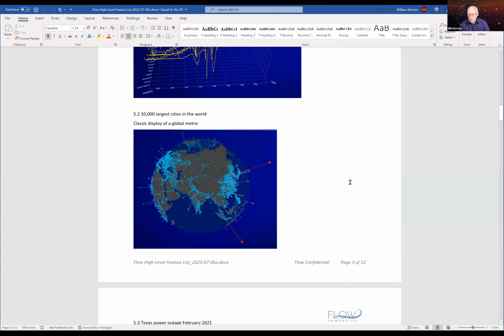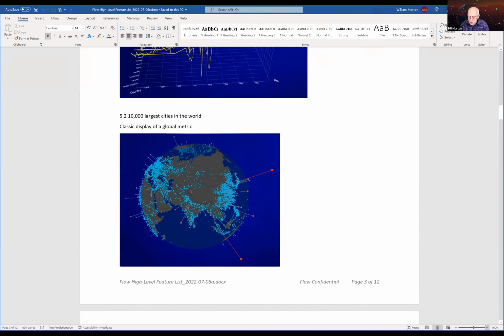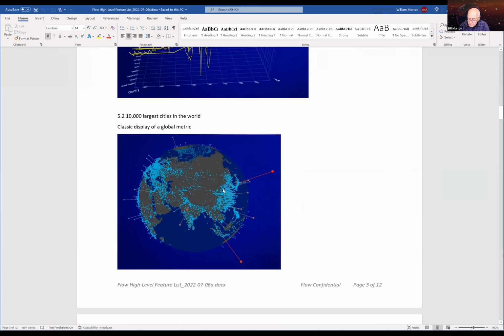The next one, these are the 10,000 largest cities in the world. This is the classic display of what I call a global metric. Each of these blue dots here represents a city in the world, and the metric coming off of it is designated by the height of the dot that's suspended above that point within the globe.